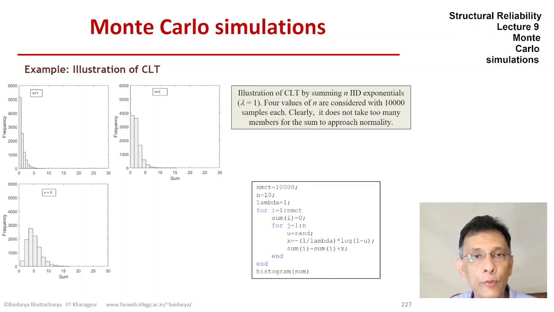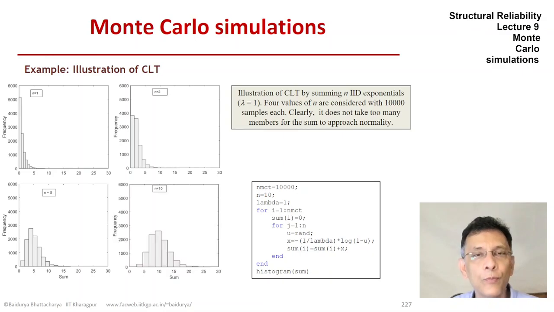So clearly, when we sum 5 exponentials, the distribution does shift more to the right, but it's becoming more and more rounded, with a central peak and falling off on both sides, although it's still a bit skewed to the right. But the inevitable nature of the normal is clearly becoming apparent. Now when we do 10, it's looking more and more like the classical bell shape of the normal.